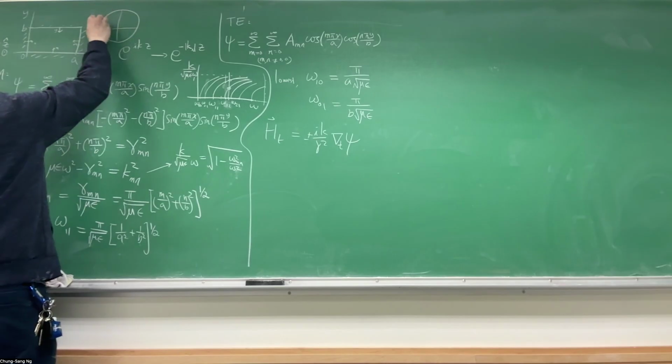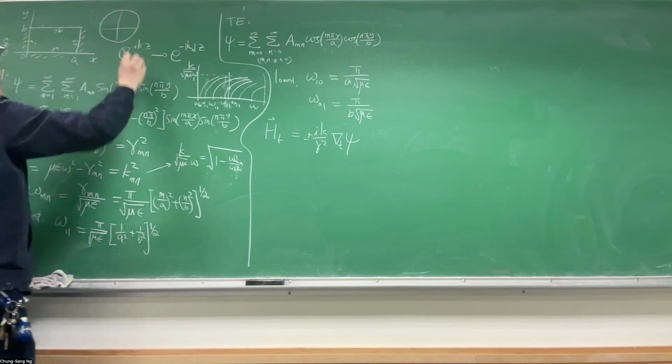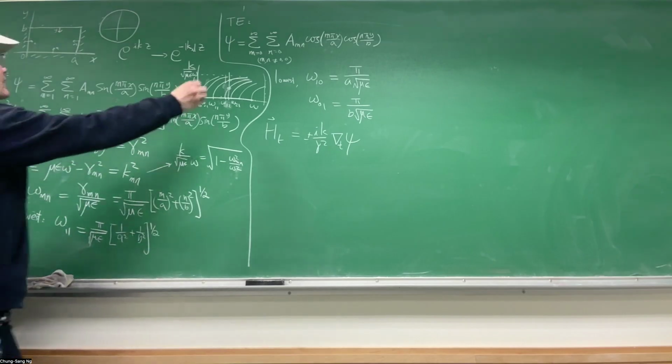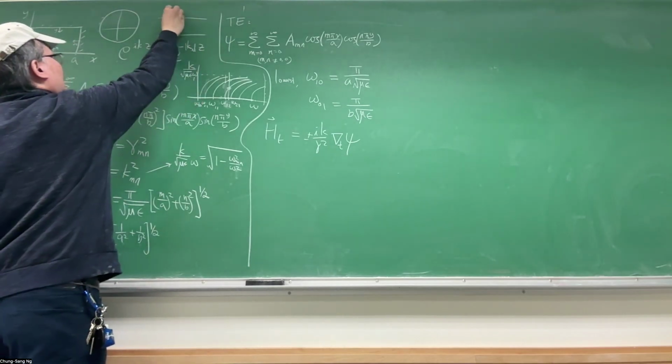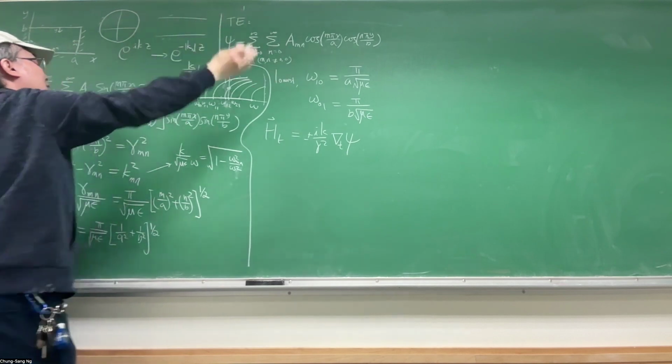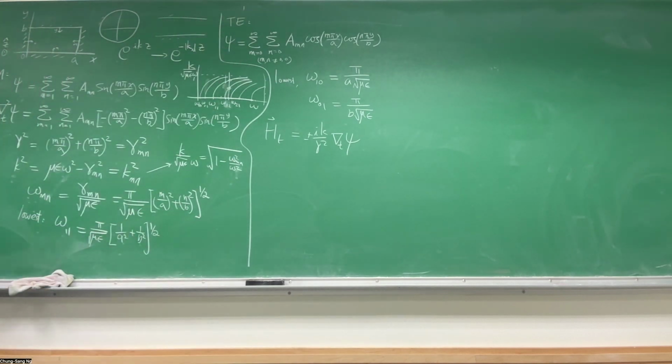And we'll do that a little later when we talk about the resonator. The two problems are very similar. The waveguide is infinitely long, and for a rectangular waveguide, the cross section is the same along the z direction. Every z value you cut, the cross section is the same.